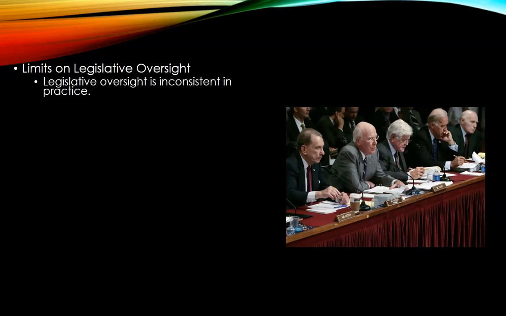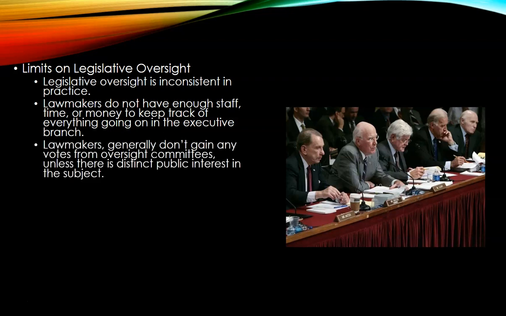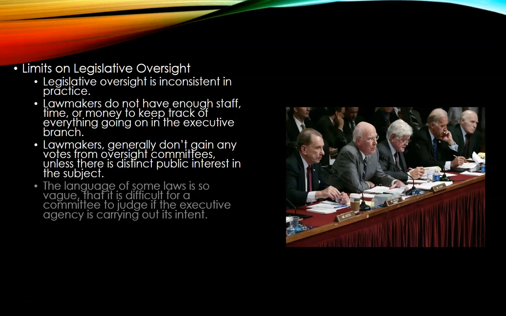Limits on legislative oversight. Legislative oversight is inconsistent in practice. Lawmakers do not have enough staff, time, or money to keep track of everything going on in the executive branch. Lawmakers generally don't gain any votes from oversight committees unless there is a distinct public interest in the subject.